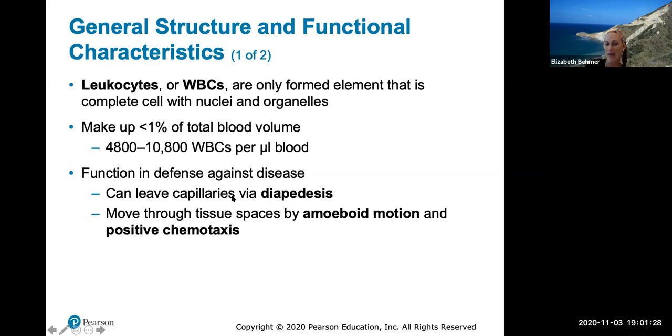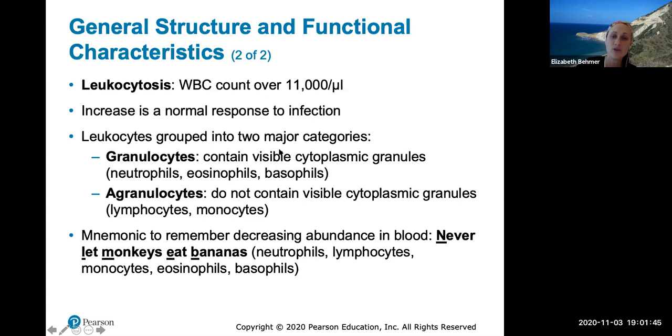They can leave capillaries via what we call diapedesis, where they squeeze through the capillary wall to enter the tissue, and they move through your tissues in the body through amoeboid motion and what we call positive chemotaxis. A white blood cell count over 11,000 per microliter will always increase in a normal response to an infection.